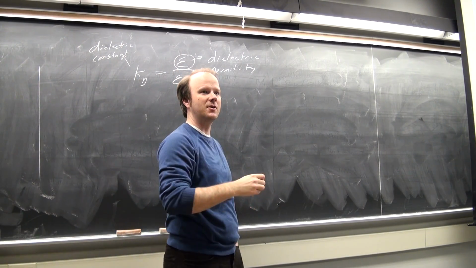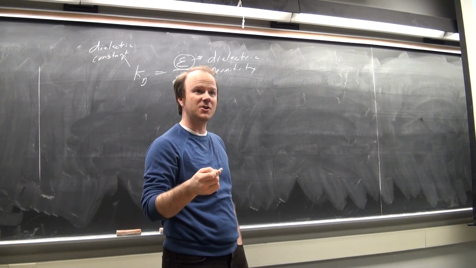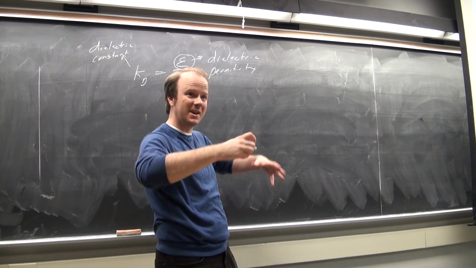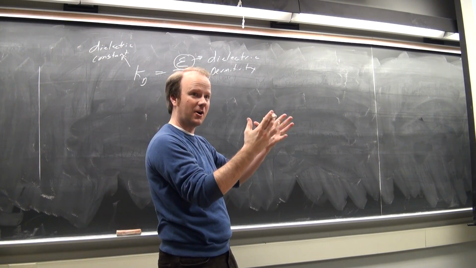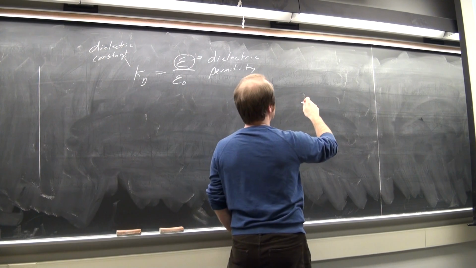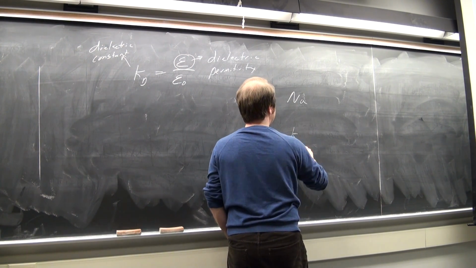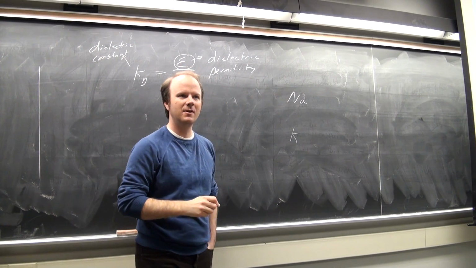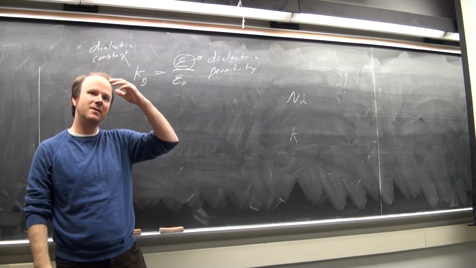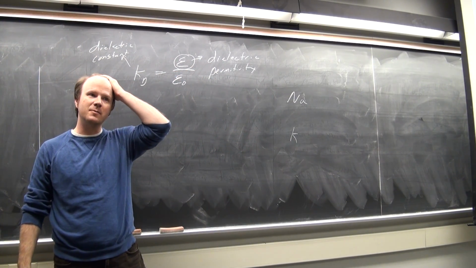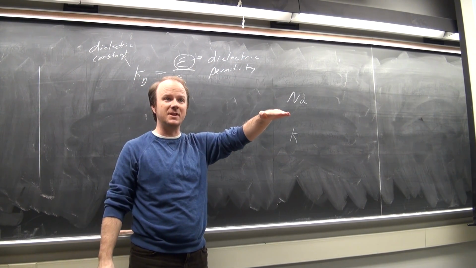So if you draw your Lewis structure or your octet, or you think about how many electrons are around a given atom, let's compare sodium versus potassium, right? Which atom is bigger? Potassium, right? It's farther down the table.